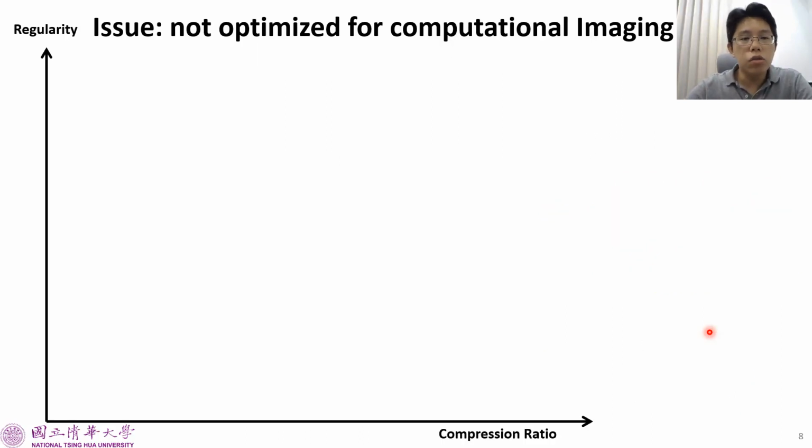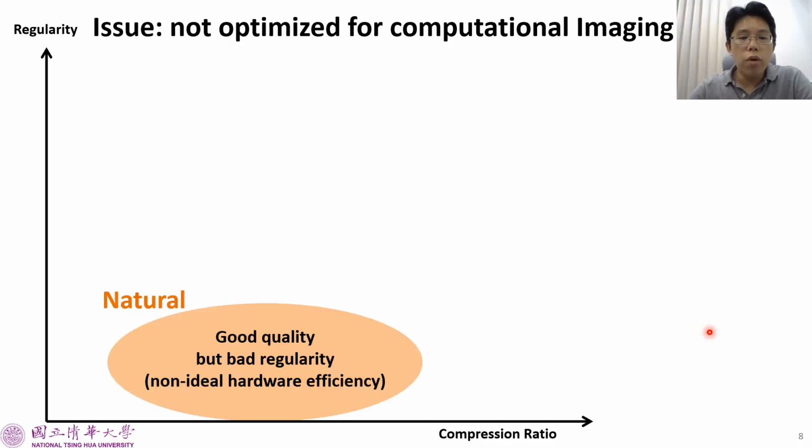However, the main issue of those previous approaches is that they are not optimized for computational imaging. For natural sparsity, it can give good image quality, but the regularity is not good, so the hardware efficiency is not ideal.